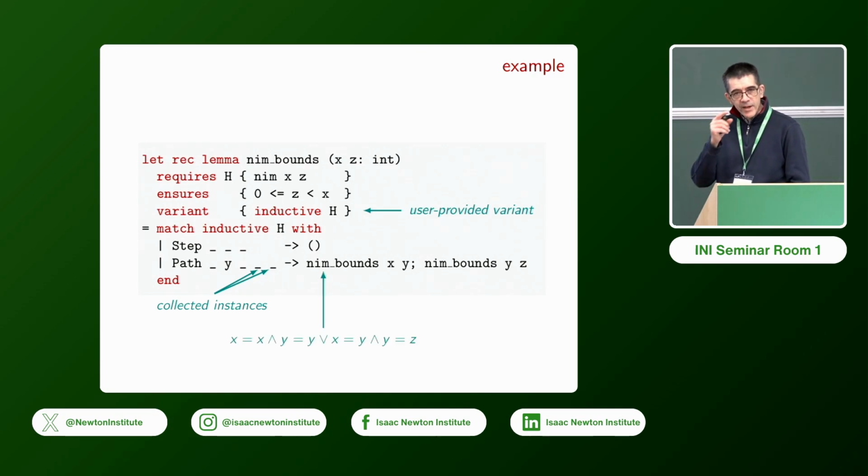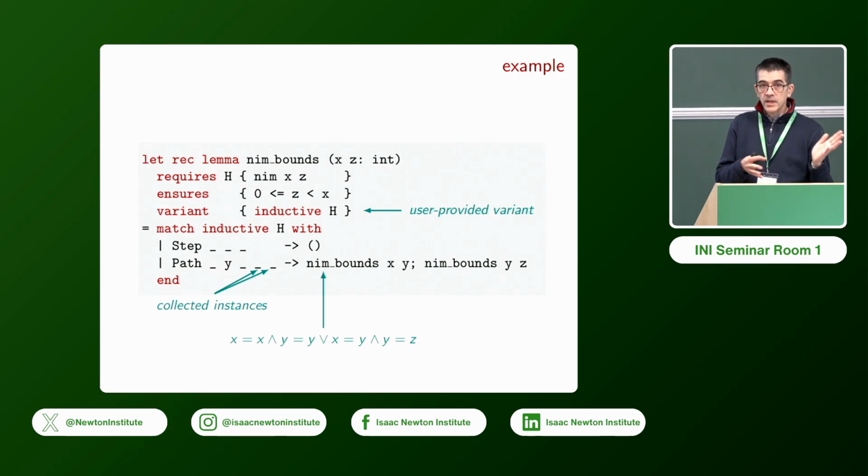And then when we make the recursive call, we generate a predicate for the decreasing of the variant. This predicate is a disjunction which expresses that we should match one of the smaller instances that were collected so far. In that case, we have collected two smaller instances.